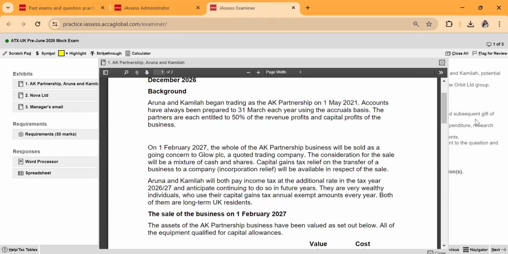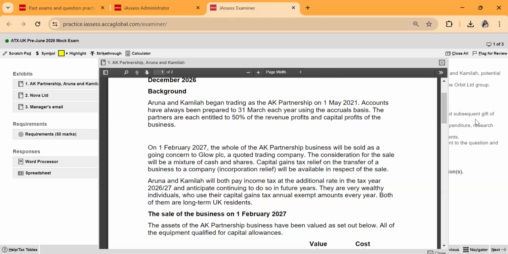The partners are each entitled to 50% of revenue and capital profits of the business. On 1st February 27, the whole of the AK partnership business can be sold as a going concern to Glow Company. Can we have succession relief for capital allowances? Let's see that. And can we also have incorporation relief? That can also be checked here.